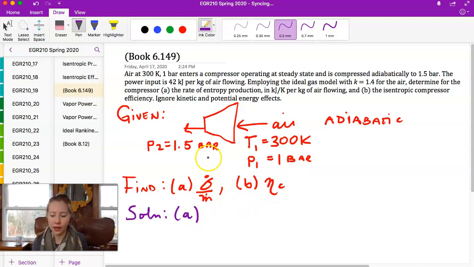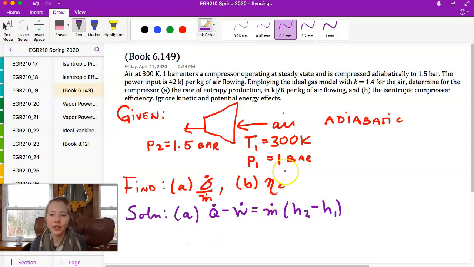So starting with an energy balance, we have Q dot minus W dot is equal to m dot times H2 minus H1. And on a mass basis, remember we can show this as little q minus little w is just equal to H2 minus H1.